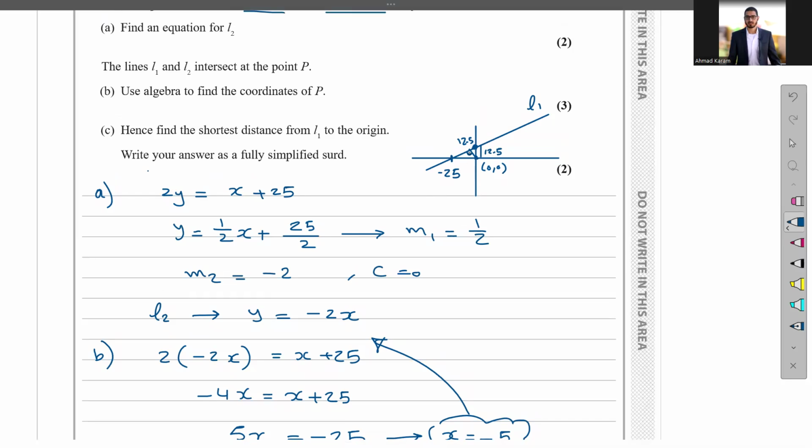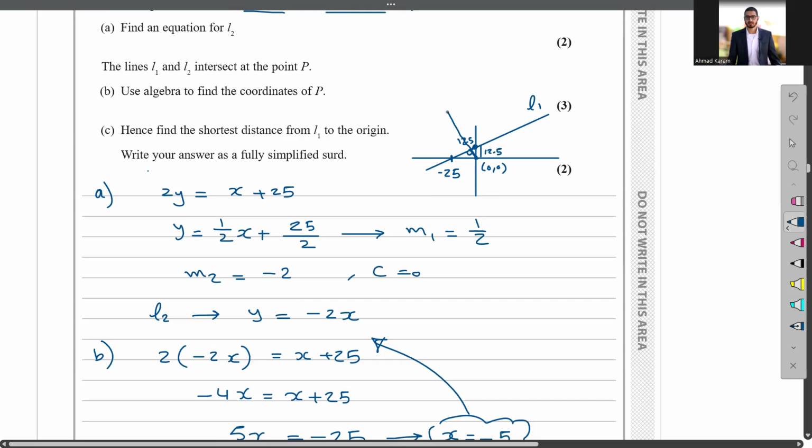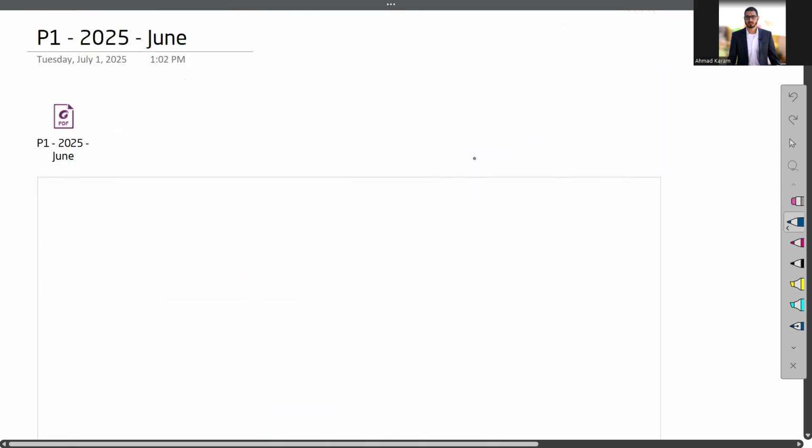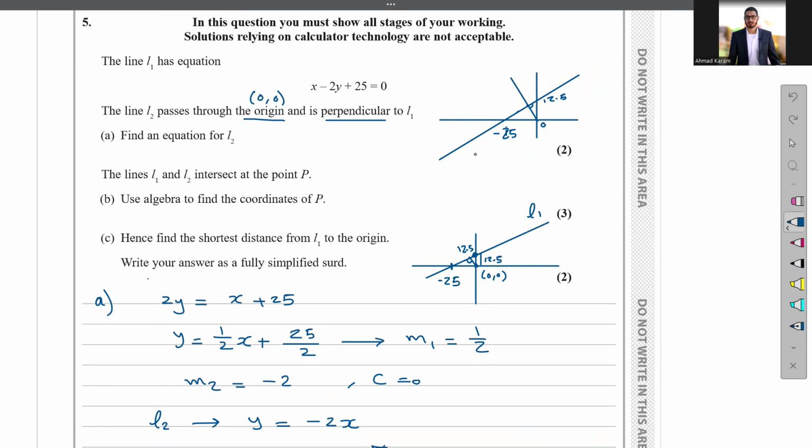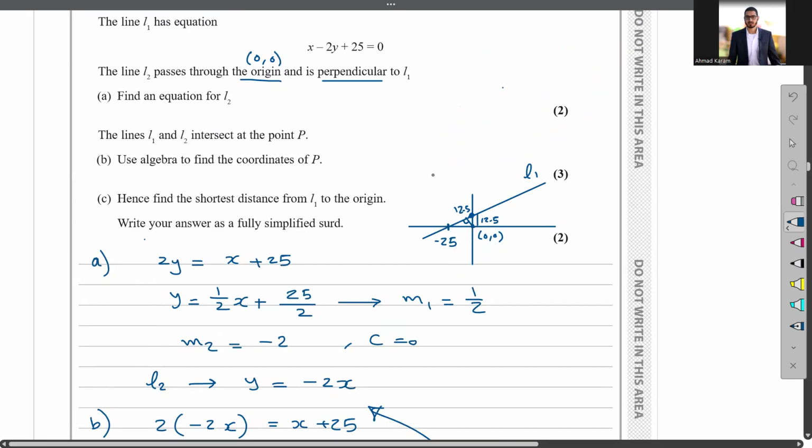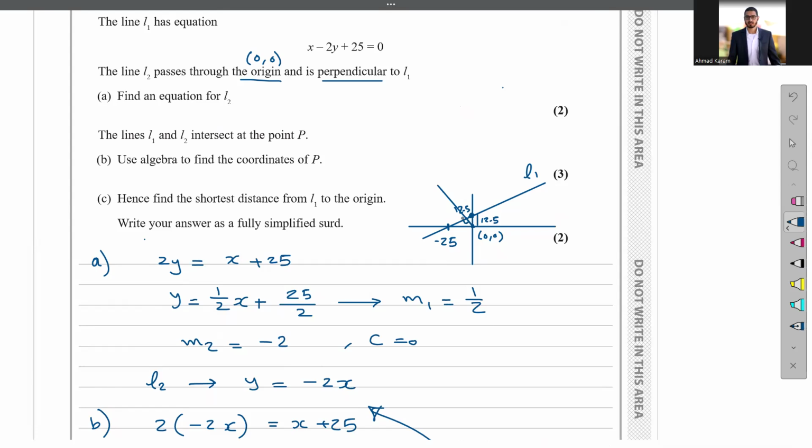The shortest distance is the perpendicular line, and the perpendicular line is L2. So this line is L2. So the intersection point between L1 and L2 is negative 5 and 10.